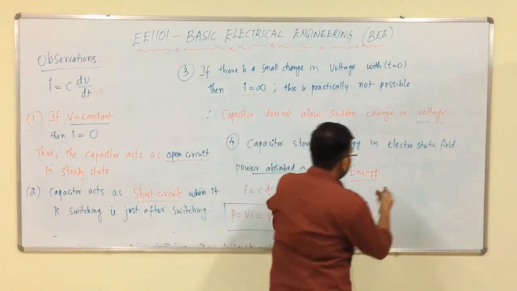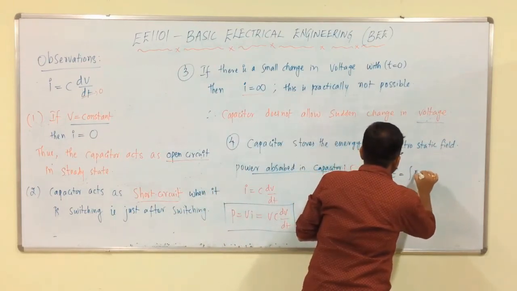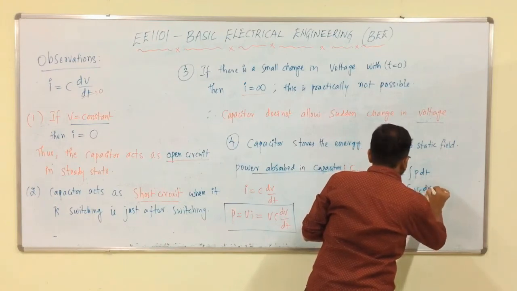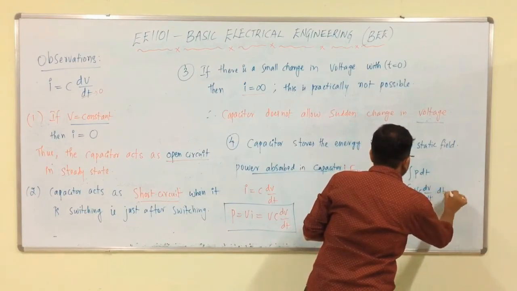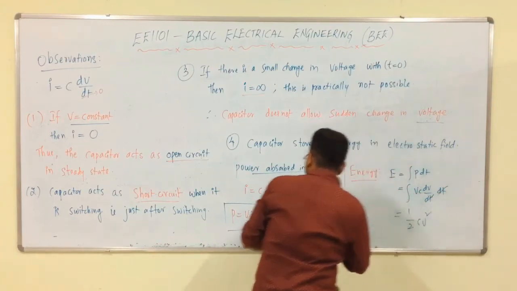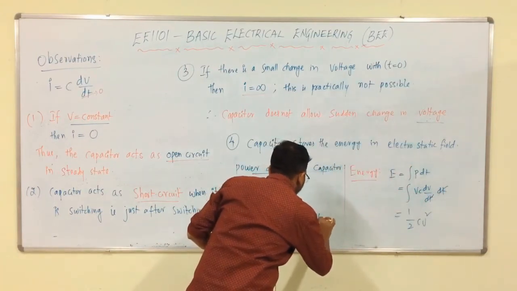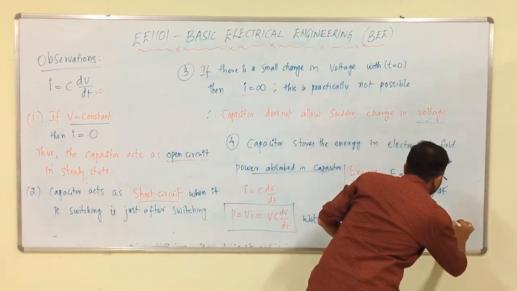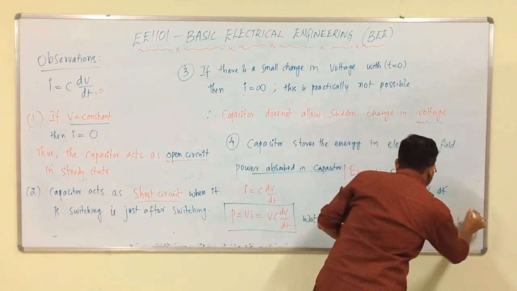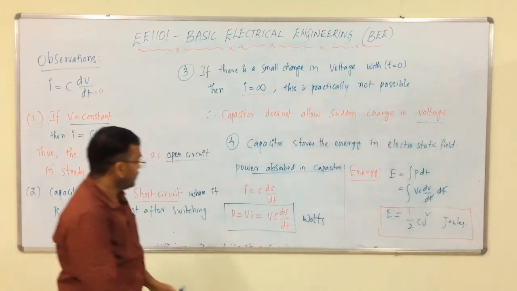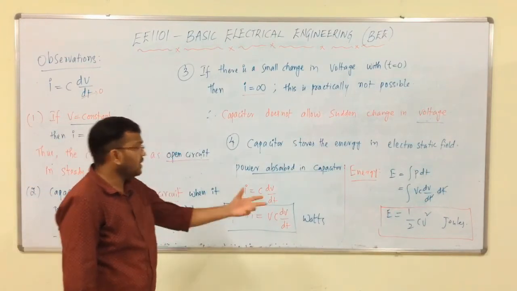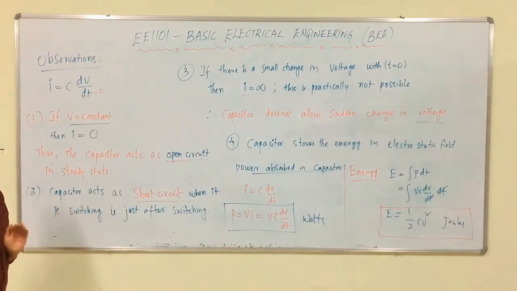Energy is E equal to the integral of P dt, which is the integral of V C dV by dt into dt, the dt cancels. We get half C V square. Sorry, the units of power are watts. The units of energy are joules. So, power is V C into dV by dt, and E is equal to half C V square joules. This is about the capacitor.